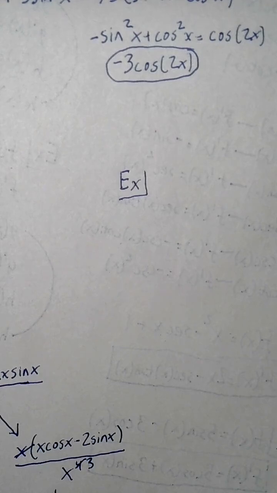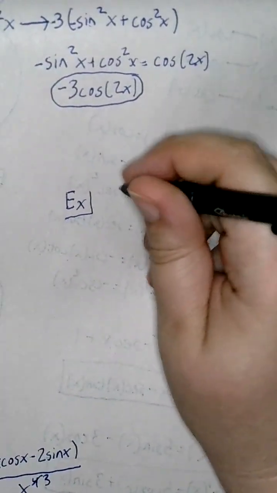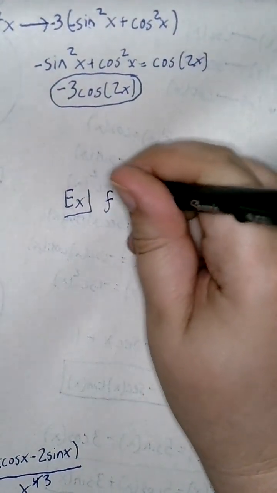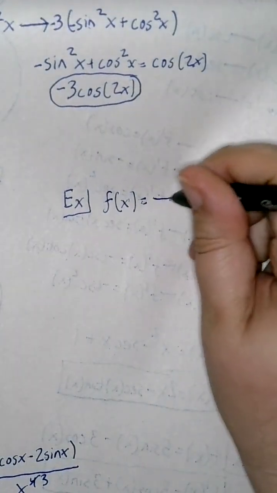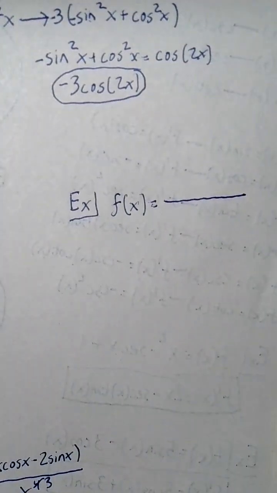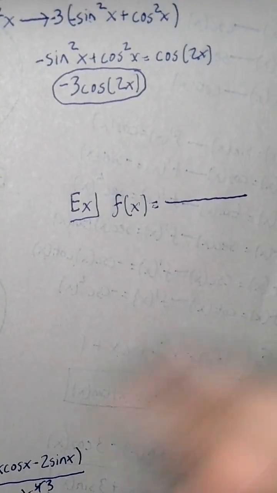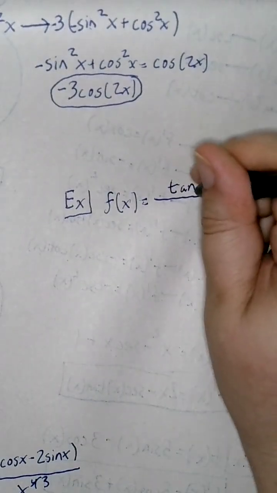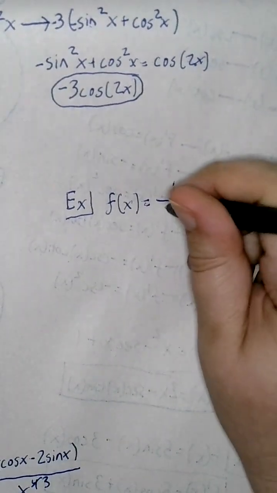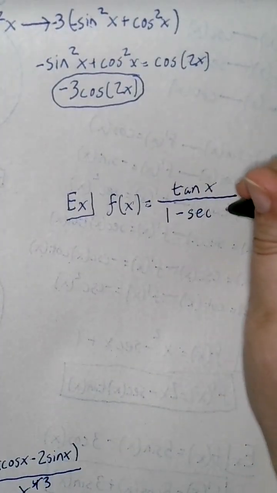So, let's say f of x equal to the following. Let's do tan x divided by 1 minus secant x.